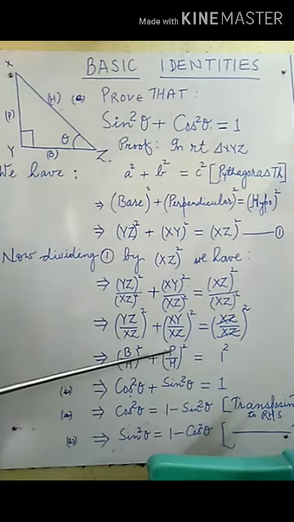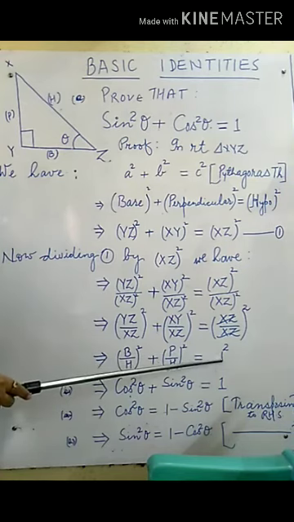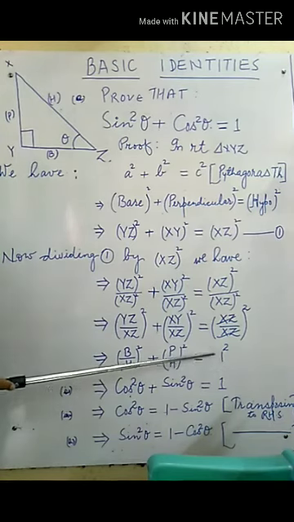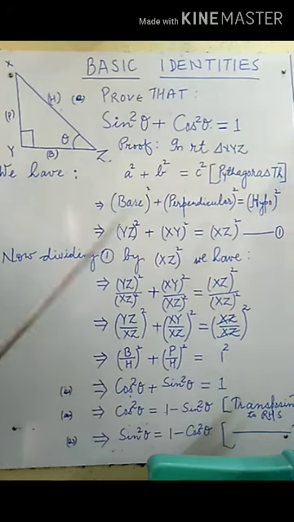So (perpendicular upon hypo) whole square equals 1 square, and if 1 square is there, we can simplify 1 into 1 and 1 into 1 becomes 1. Now see, the ratio of base to hypo is what?